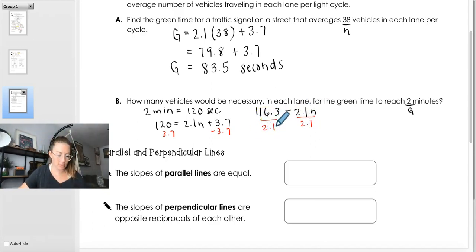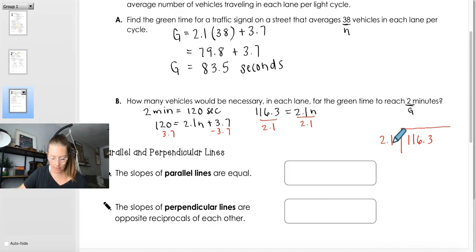Let's pretend that we don't have calculators. I will show you how to do long division if you forgot, or I think some of you didn't even learn long division. So let's go ahead and do long division real quick. Inside goes the 116.3. On the outside is my 2.1.